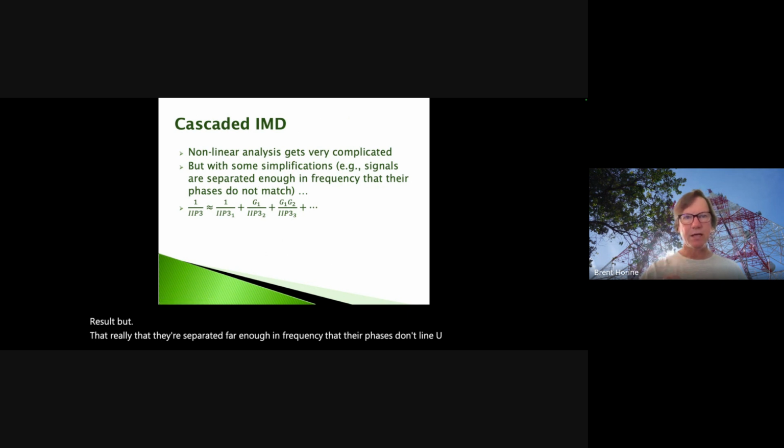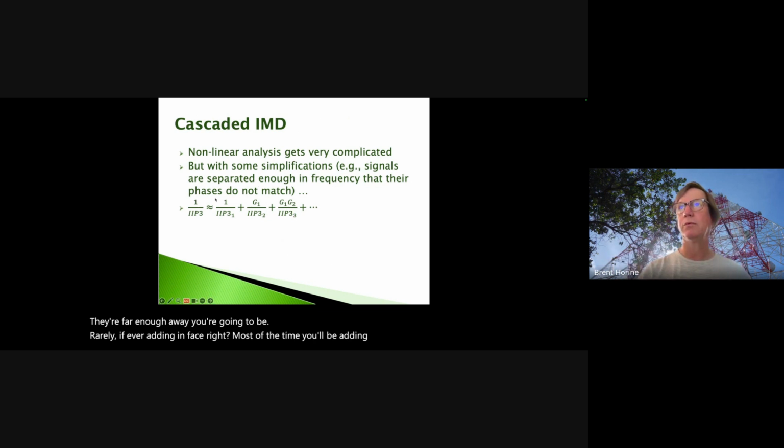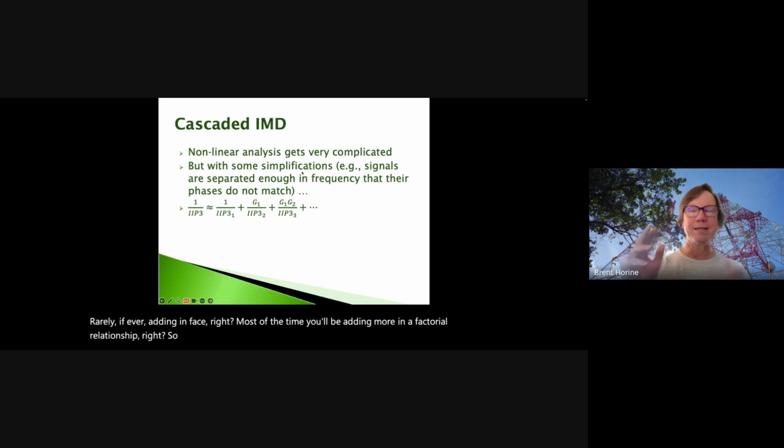So phase in an AC signal, you've got a phasor, it's kind of rotating at the frequency of that signal, right? And so if you've got two signals at different frequencies, those phasors are going to rotate at different rates. They're far enough away, you're going to be rarely, if ever, adding in phase, right? Most of the time you'll be adding more in a vectorial relationship, right? So that's what that condition is saying, and that's fairly easily satisfied.